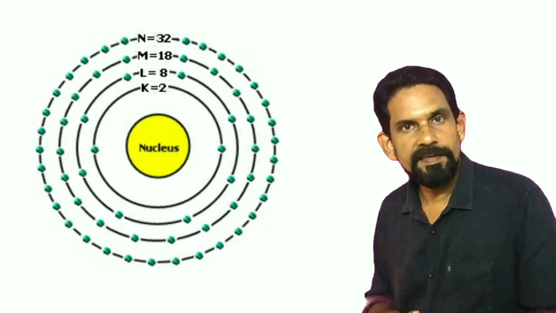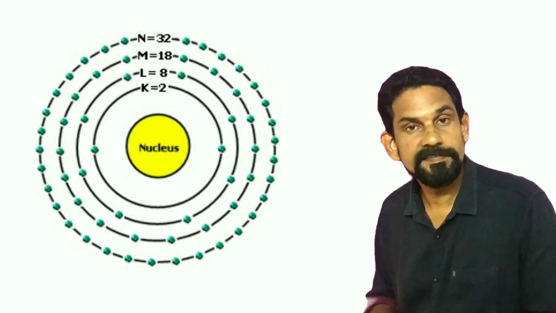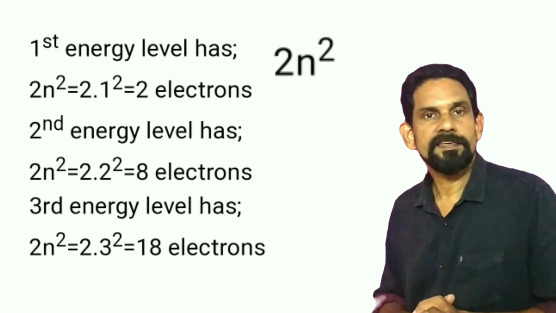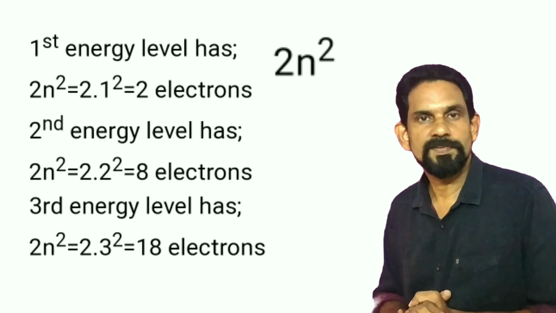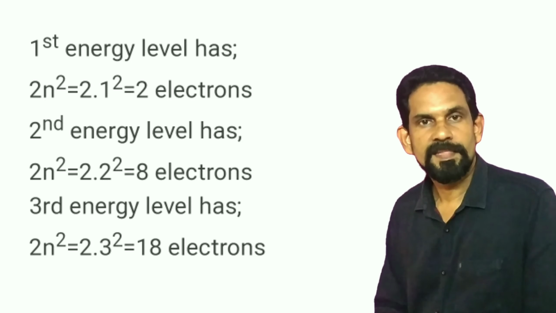It has 18 electrons. And the fourth one is N shell. It has 32 electrons. These numbers we can calculate by using the formula 2n², where n is the number of the shell. Okay? All these we have studied in lower standards.